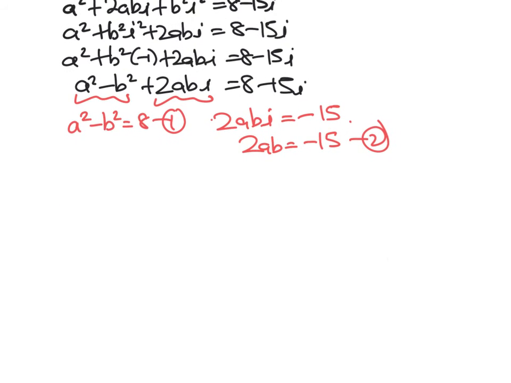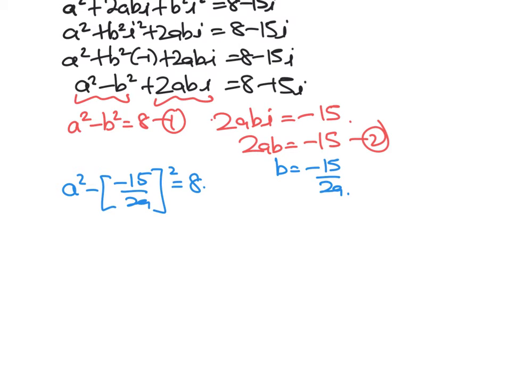To solve this, I have 2ab equals -15, so b equals -15 over 2a. Sub this into the first equation, so a square minus (-15 over 2a) squared equals 8. Let's expand this.